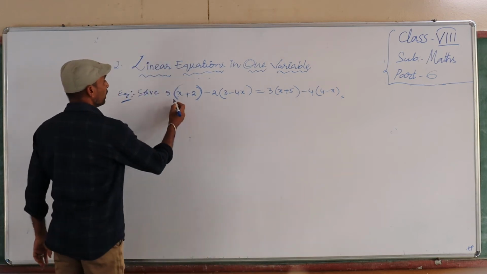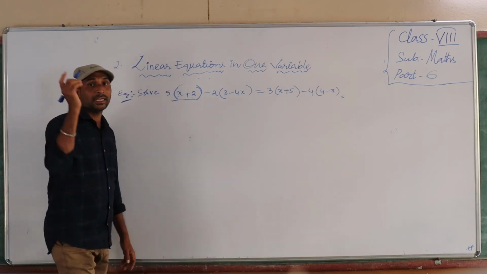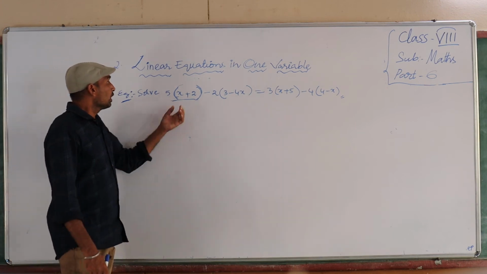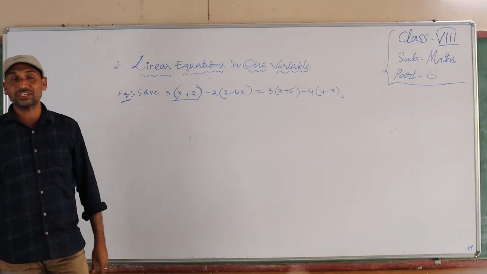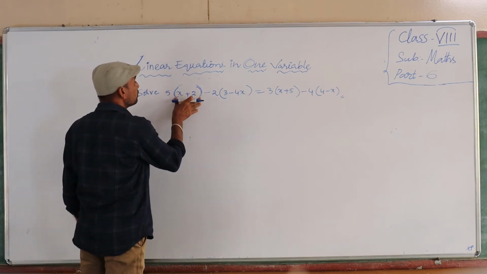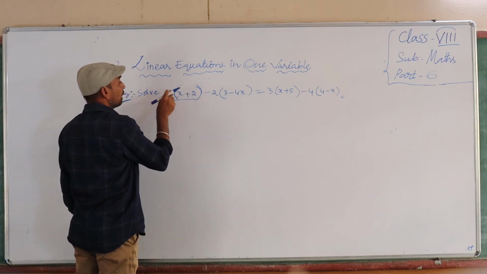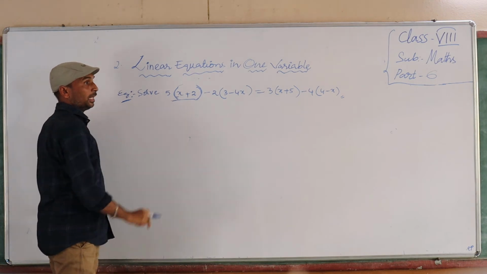So first we have to multiply. Already I told you binomial by monomial, the multiplication. So these two terms multiply by the monomial.